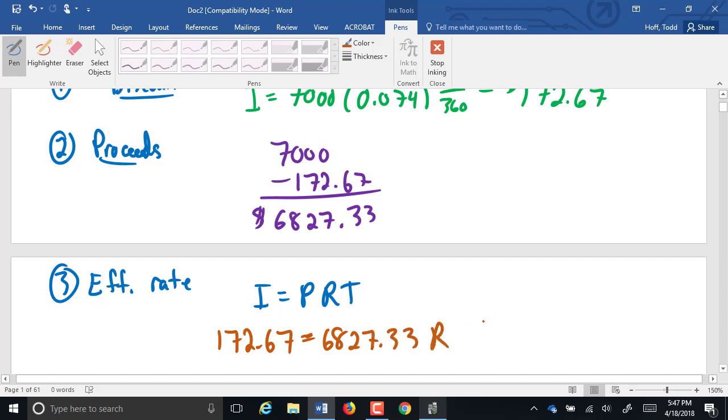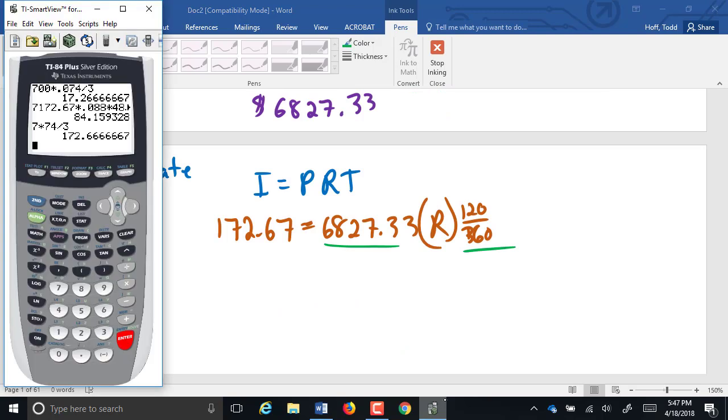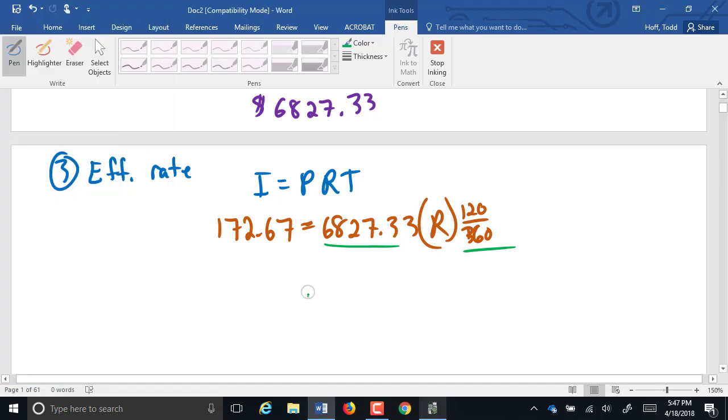We are looking for R, and our time is 120 over 360. So we are going to combine the 6827.33 with the 120 over 360. We multiply that out, we get 2275.78.